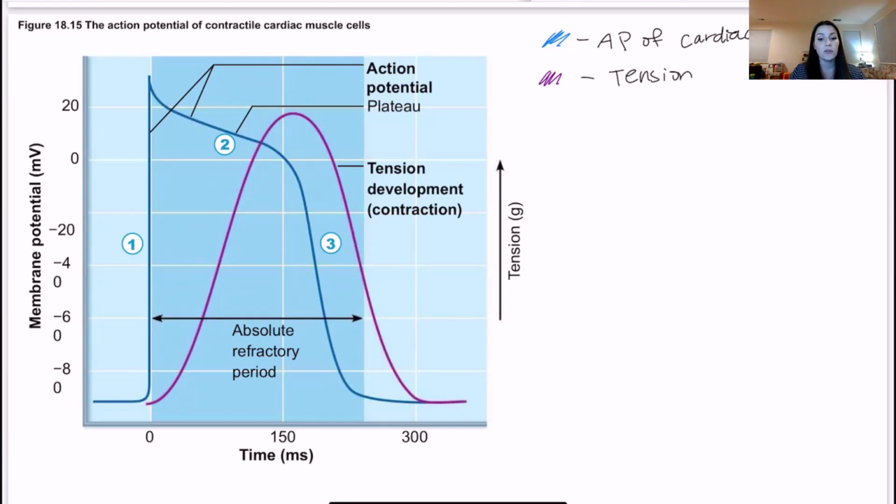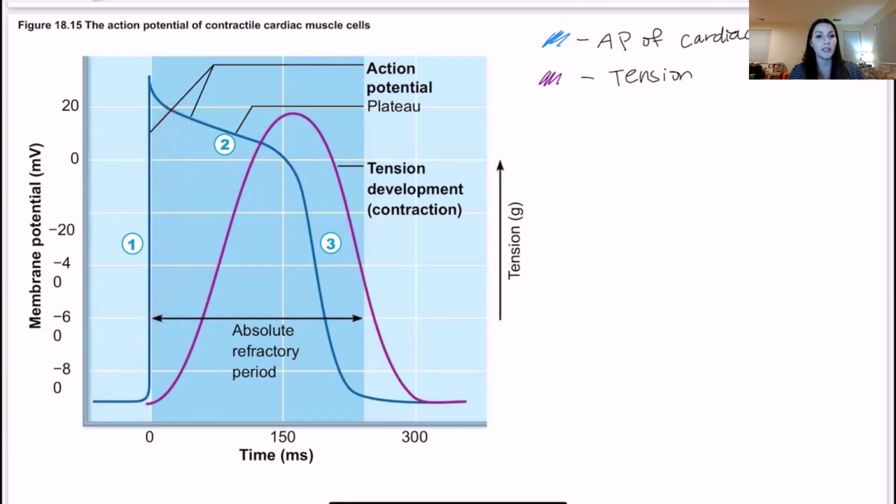So what I want you to notice here is that while we have depolarization, the cell getting more positive, the muscle cells aren't actually contracting, aren't really creating tension until a little while later. Notice there's time in between there. Do you see that time difference?